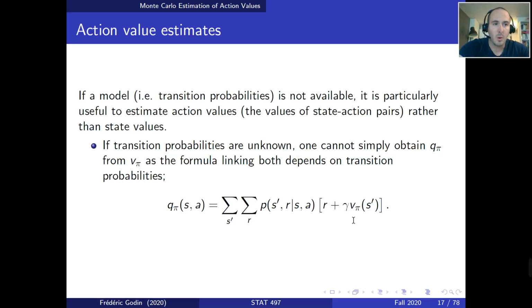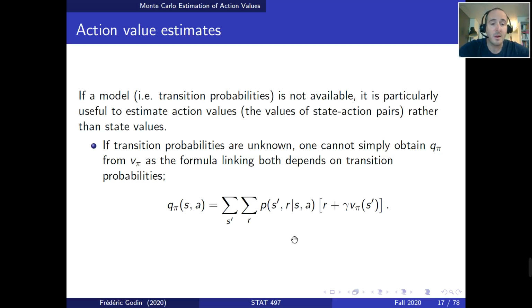Okay, so in the first part of the video, we showed how to estimate this v pi, the state value function. So does this mean we can automatically get the action value function? The answer is no, because the problem is this part here. In many problems, the transition function is not observable, is not known.